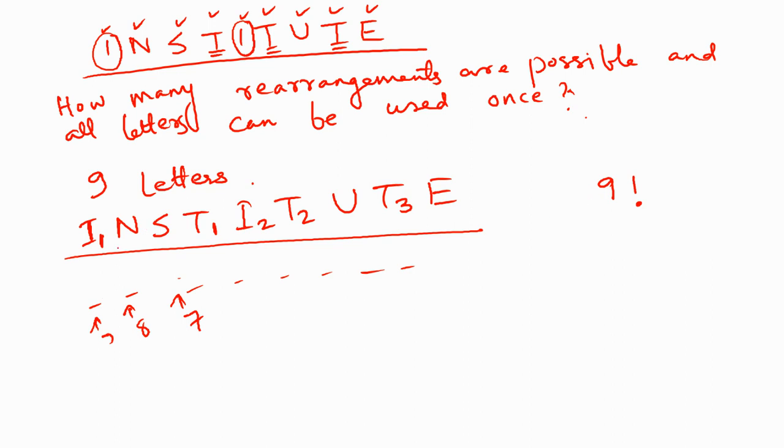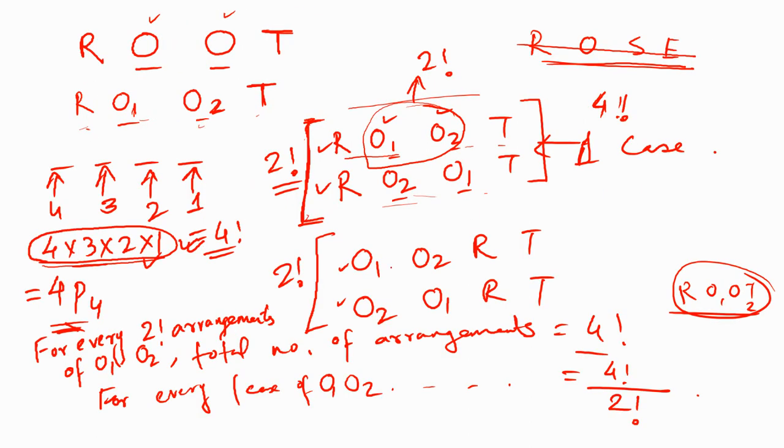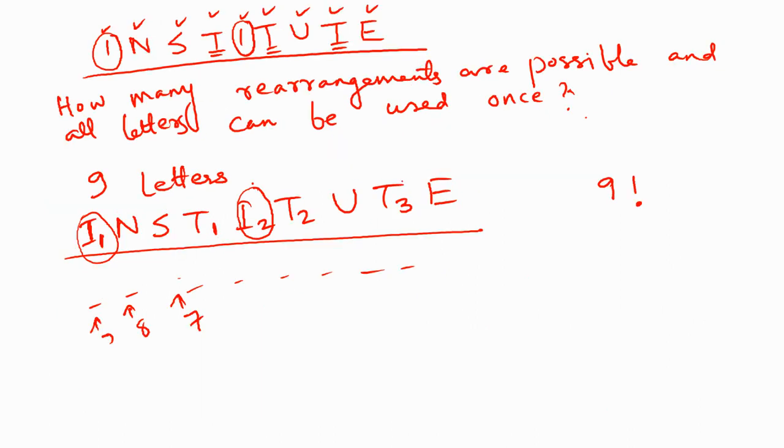Now how many I's are there? Two I's are there, right? Although we have distinguished them as different, in reality they are the same. So you see in the last example when we had two O's, there were two factorial cases for ROOT and RO2O1T.